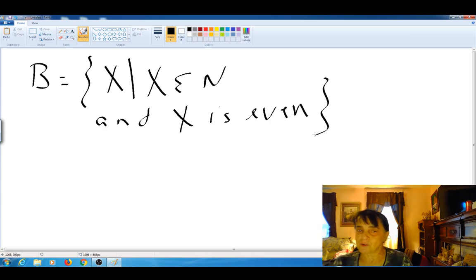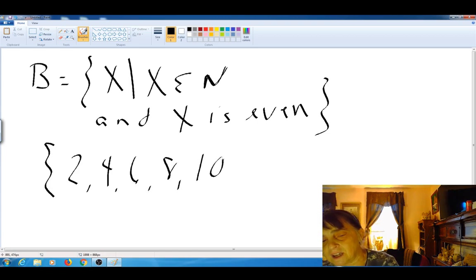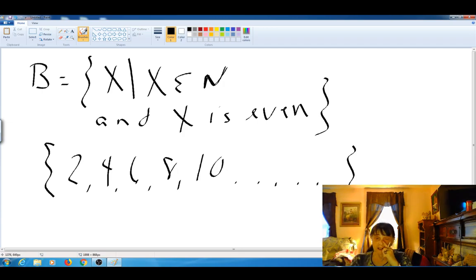Natural numbers is just another way of saying whole numbers. Natural numbers and whole numbers are the same thing. So all the even numbers are 2, 4, 6, 8, 10, dot, dot, dot, meaning they never end. This is the roster method. And this little E right here means is an element of. This is the roster method.